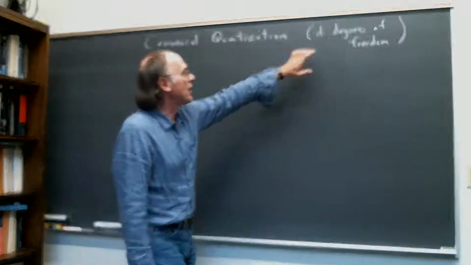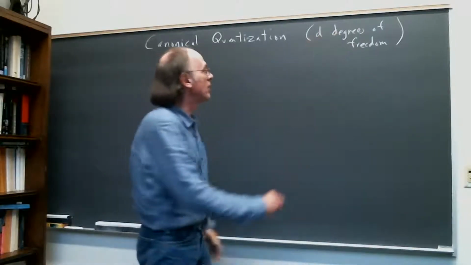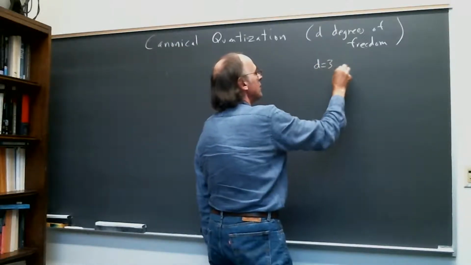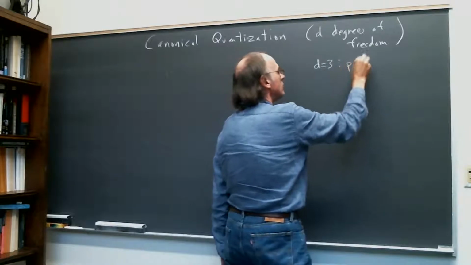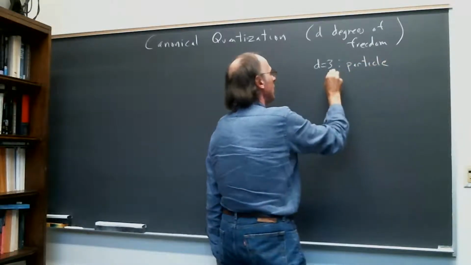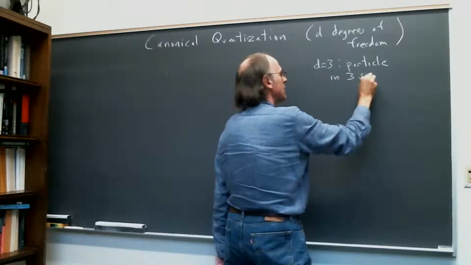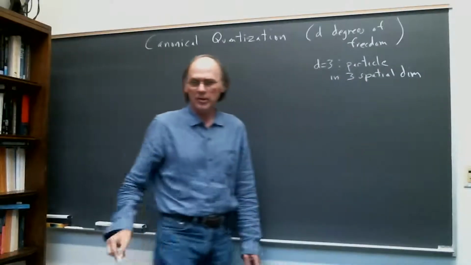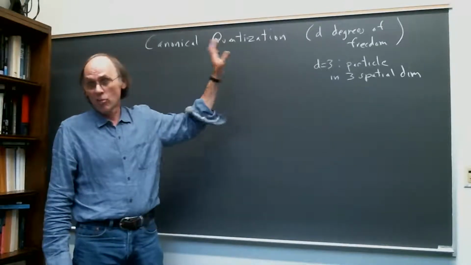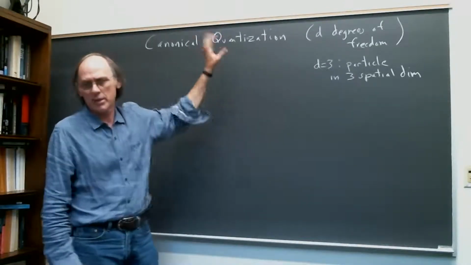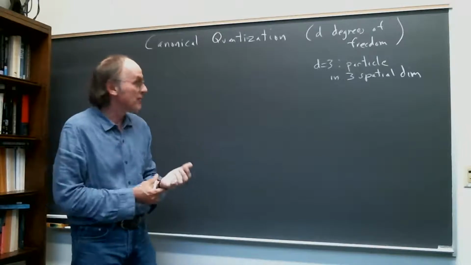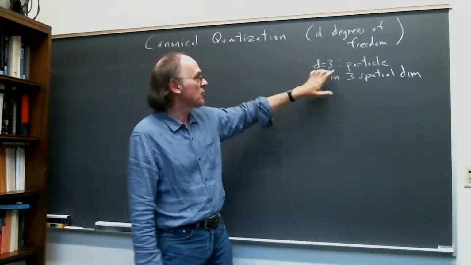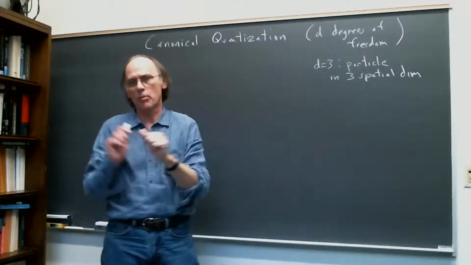And one example would be, d equal to 3 is the particle in 3 spatial dimensions. But the idea is that the same formalism, the same kind of algebra, the same representation, the same underlying mathematical structure would apply to other dimensions. It also applies if you have multiple particles.